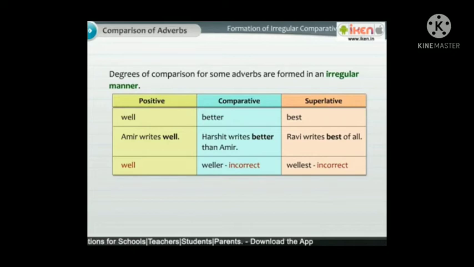Amir writes well, Harshad writes better, and Ravi writes best of all. So well, weller, wellest is incorrect. Like we have good, better, best in adjectives, just the same we have well, better, best in adverbs.